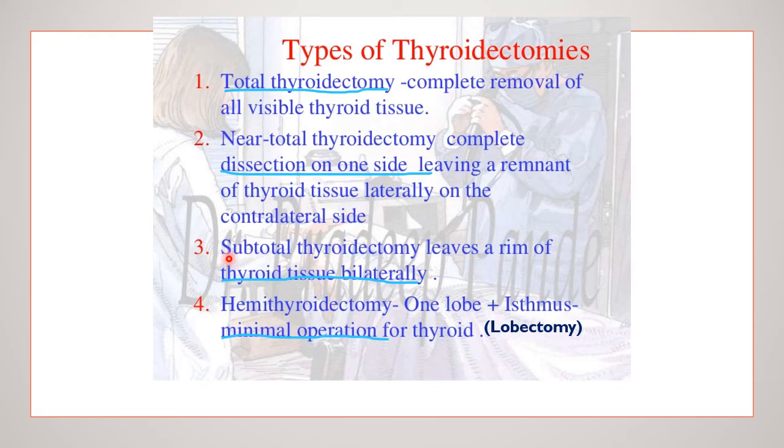The third type is known as subtotal thyroidectomy, which leaves a rim of thyroid tissue bilaterally in both lobes. And the last one is hemithyroidectomy, in which one lobe with the isthmus is removed. This is the minimal operation for thyroid cancer, and this operation is also known as lobectomy.